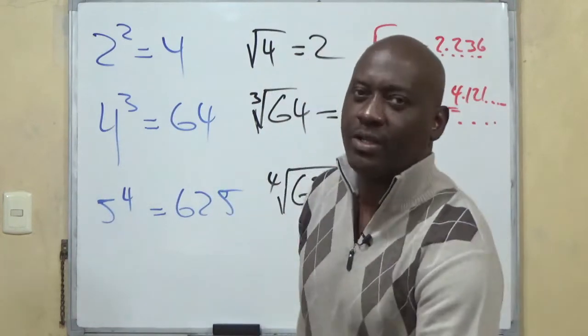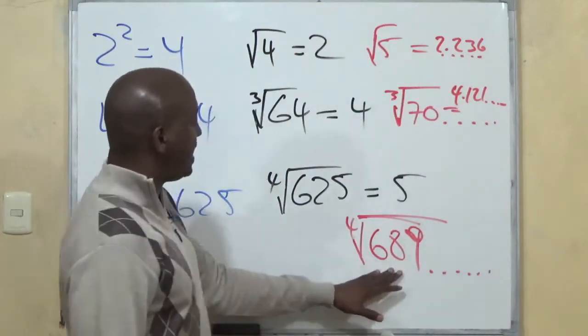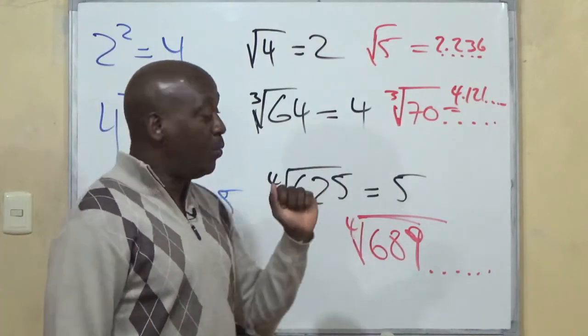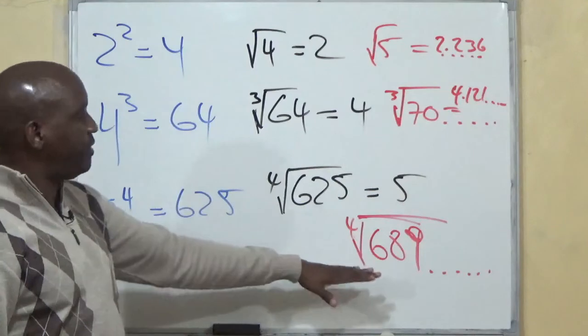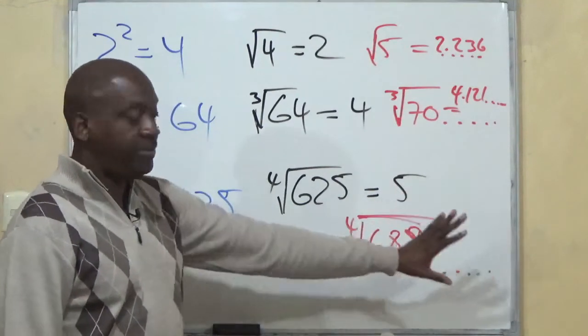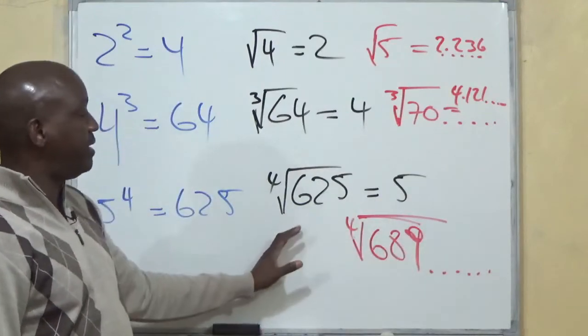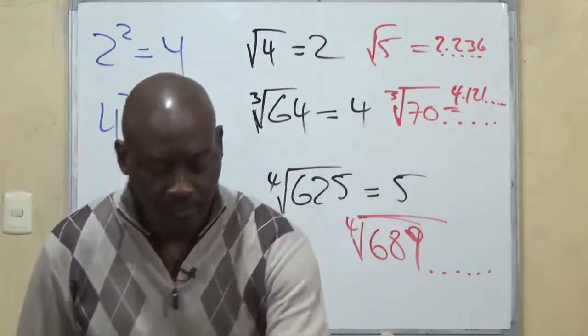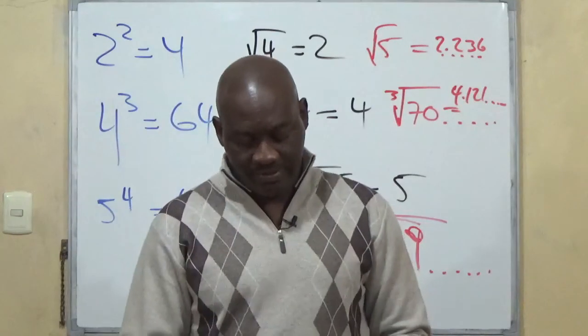So in other words, 689 being between 625 and 1296, we know that the value of the fourth root of 689 would be somewhere between 5 and 6. We're sure it will be greater than 5 because 689 is greater than 625. So we find the fourth root of 689.